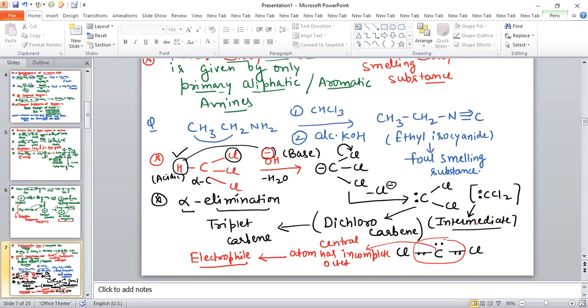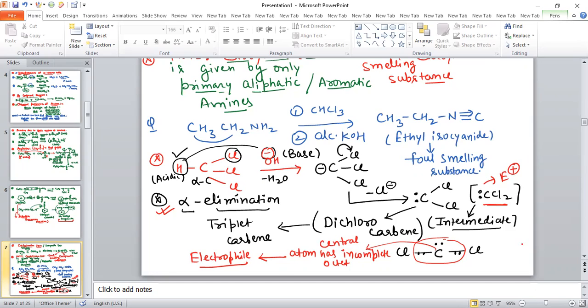So this CCl2, which is obtained after alpha elimination, is basically a neutral electrophile.